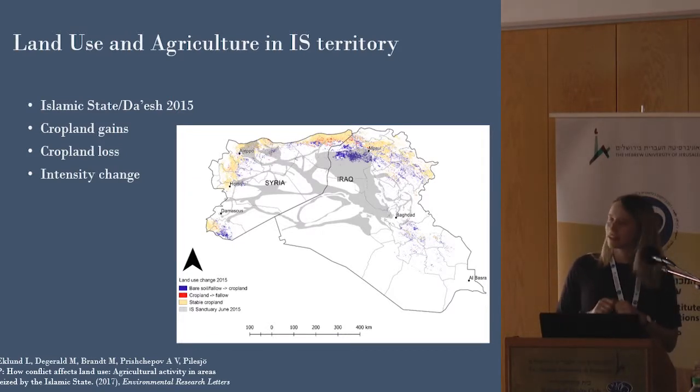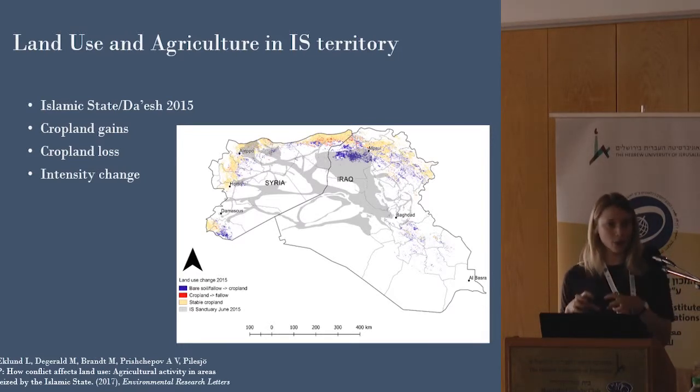And then another interesting thing we saw was that there was a change from cropland with 2 harvests to cropland with only 1 harvest or 1 season. And we saw that both in the ISIS zones, but even more outside in the other parts of the countries.